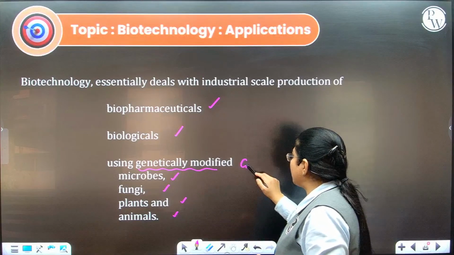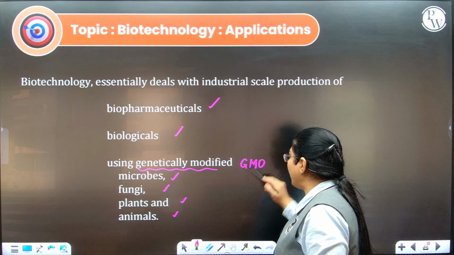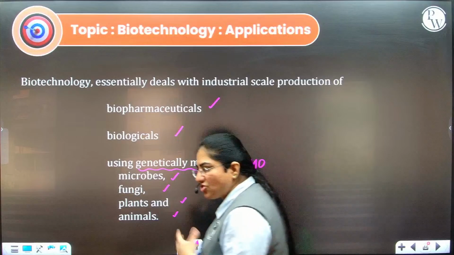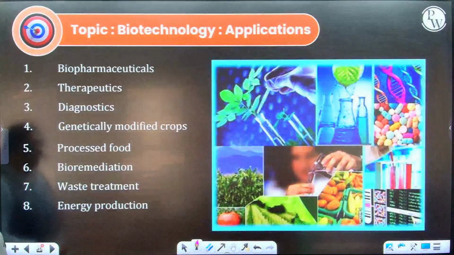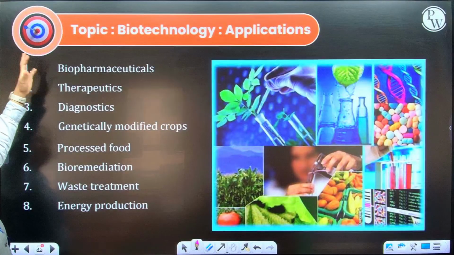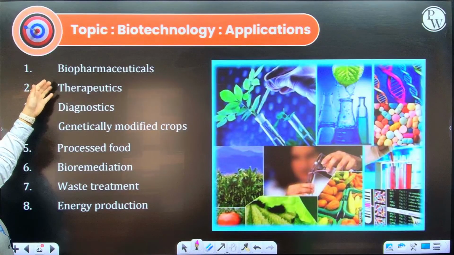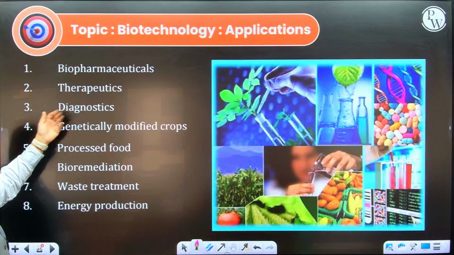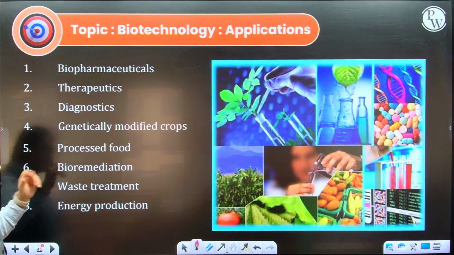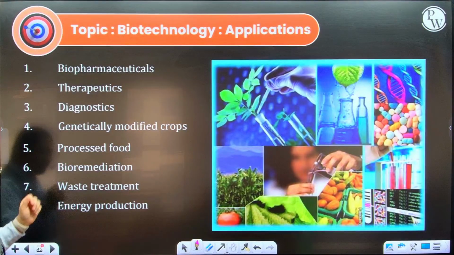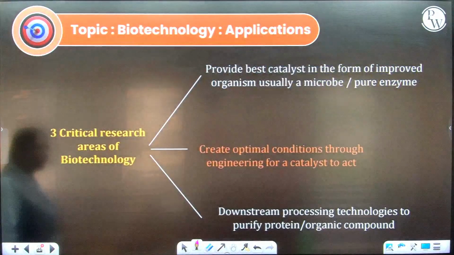You can call them GMO, genetically modified organisms, or GMP, genetically modified plants. As I told you, we can use it in biopharmaceuticals, in therapeutics, in diagnostics, and in genetically modified crops such as golden rice. We also have processed foods, bioremediation, waste treatment, and energy production.